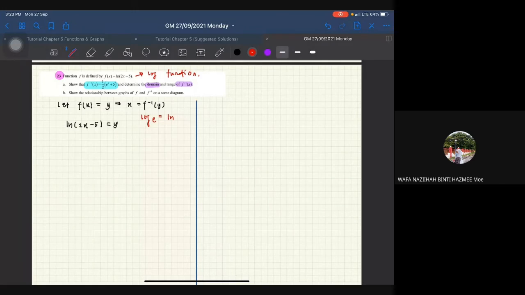Semua orang dia macam bercampur-campur jawapan. Saya pun dah confused. Okay, so actually ln is equal to log base E kan? Log base E. Okay, so there is one property yang awak boleh guna. So if let's say you have log base a power and then kita ada x. Contohlah macam ni.